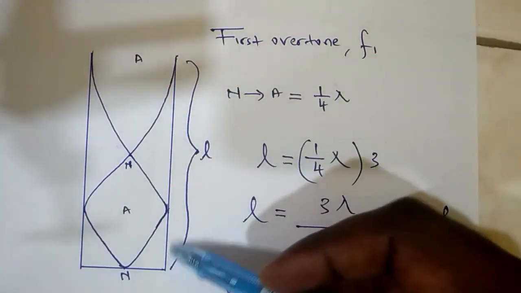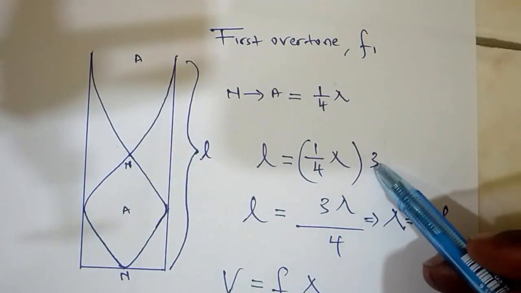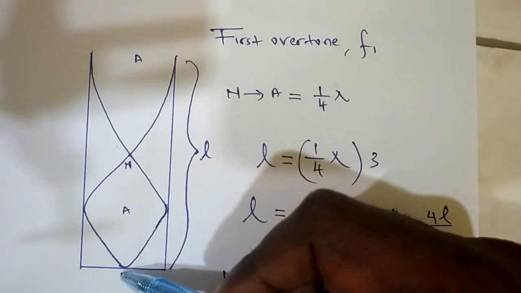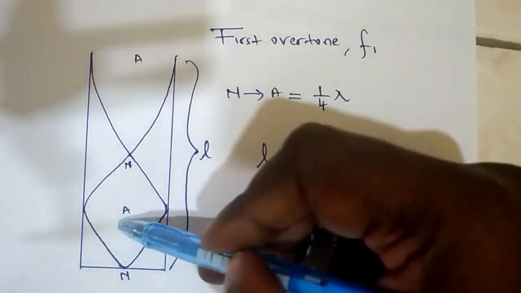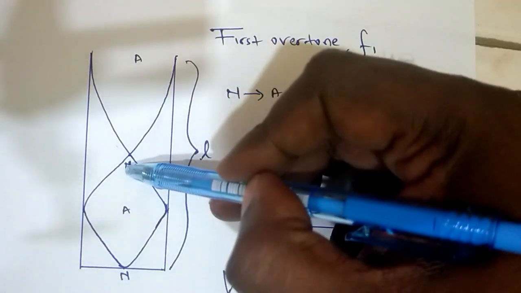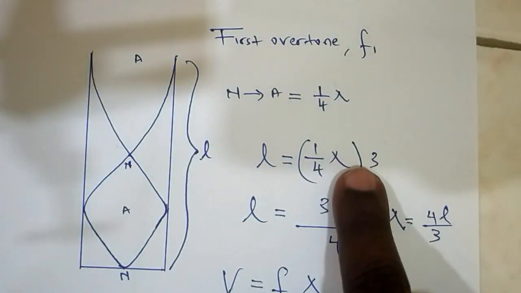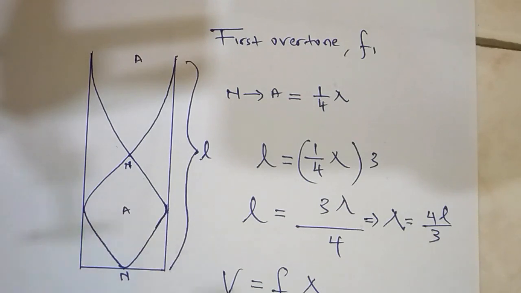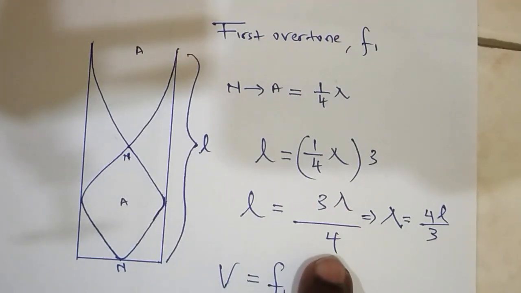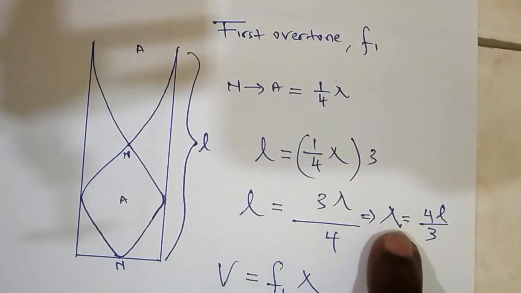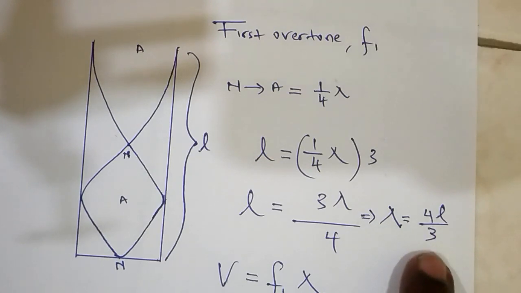So the length of the pipe is a quarter wavelength times 3: quarter wavelength plus quarter wavelength plus quarter wavelength. So the length is 3 lambda over 4, which means lambda equals 4L over 3.